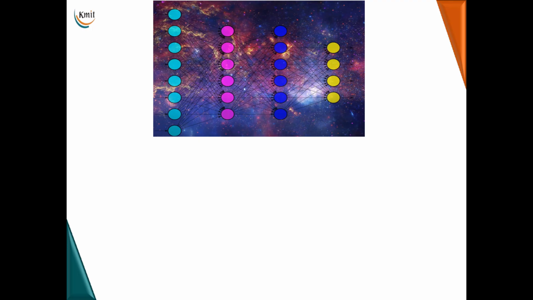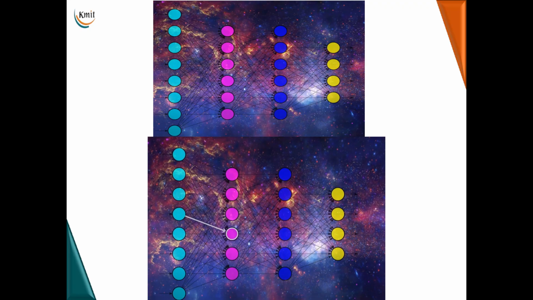Now consider a neural network training where the weights are getting updated, and what we consider here is stochastic gradient descent, where the weights get updated. Now, what if during training one of the weights is drastically larger than the other weights?